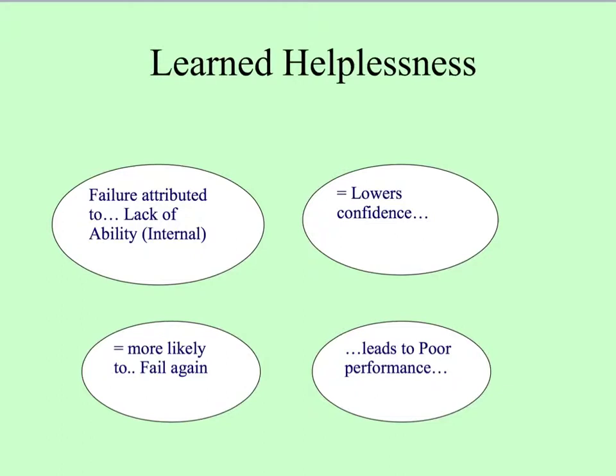And this leads us on to learned helplessness. So with learned helplessness, we start here, where we have some sort of failure, and that's attributed to a lack of ability. So that's an internal factor. So again, always back it up with how it applies to the model. So with that failure, that then leads to a lack of confidence.